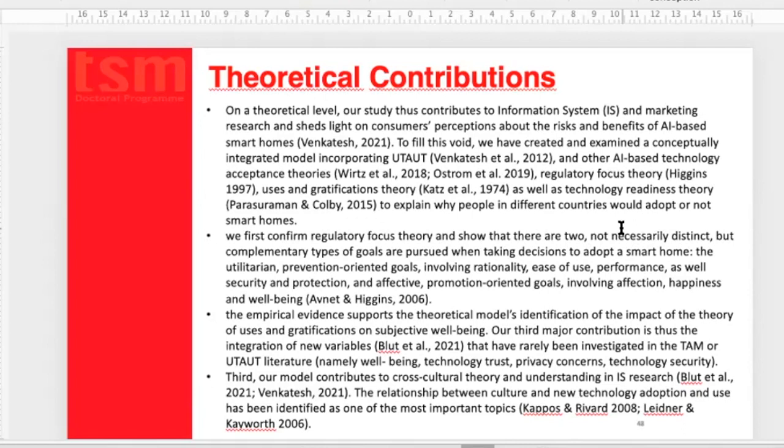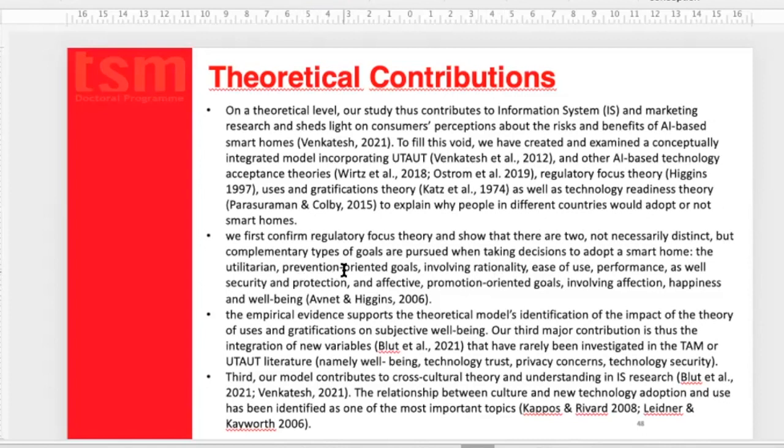So we better understand the perception of risks and benefits to explain adoption of smart homes. We also confirm that regulatory focus theory fits well to technology acceptance, and namely smart home acceptance.